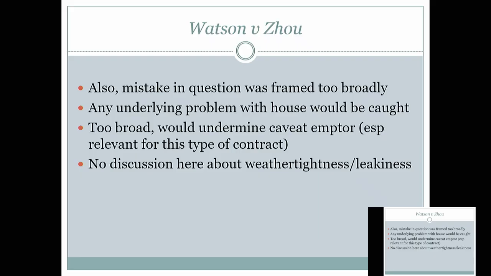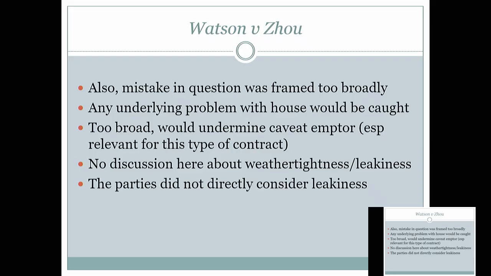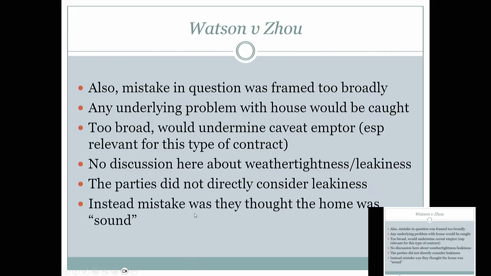There was no evidence that either party had turned their minds to the question of leakiness. It was not directly considered by either party. So at most, all you could say is they thought that they were buying and selling a sound home.